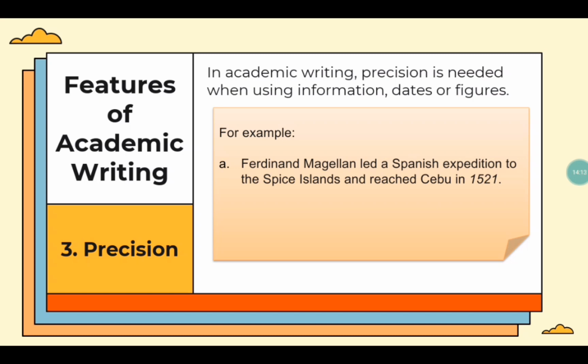So you have to be exact in the year when Ferdinand Magellan led an expedition. Another example, for 333 years, the Philippines was under the Spanish colonizer. So the exact number here is 333 years.